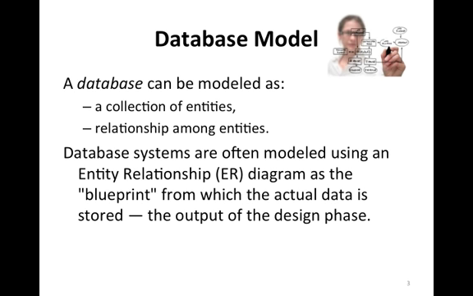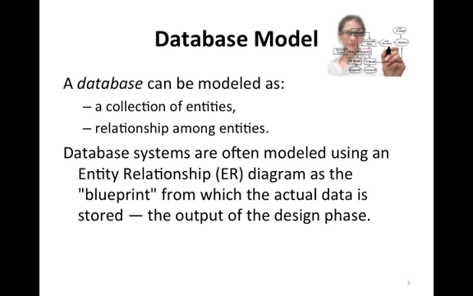And the way that a relational database is often modeled is using something called an entity relationship paradigm, a process in which we develop a diagram, a blueprint that clearly describes how the data is managed and stored in the database.